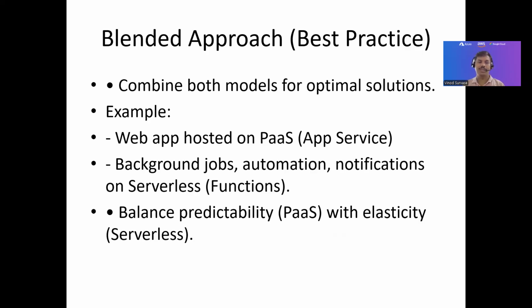Some examples here include a web app hosted on PaaS with App Service, while on the other side, background jobs, automations, and notifications are hosted with serverless functions. So there is a combination of both, which balances predictability with PaaS and elasticity with serverless.